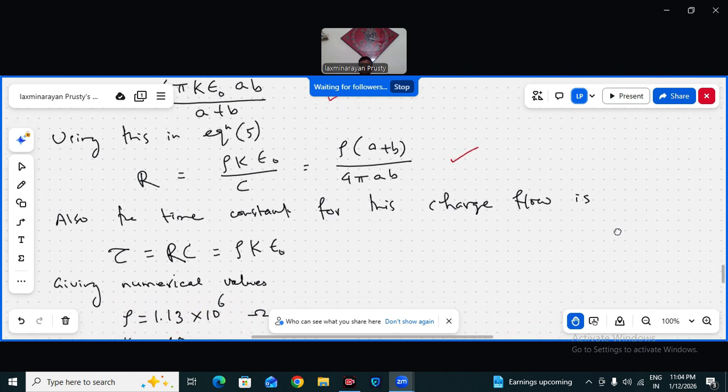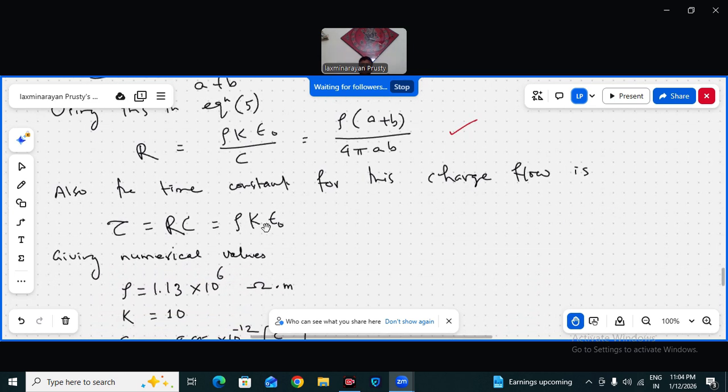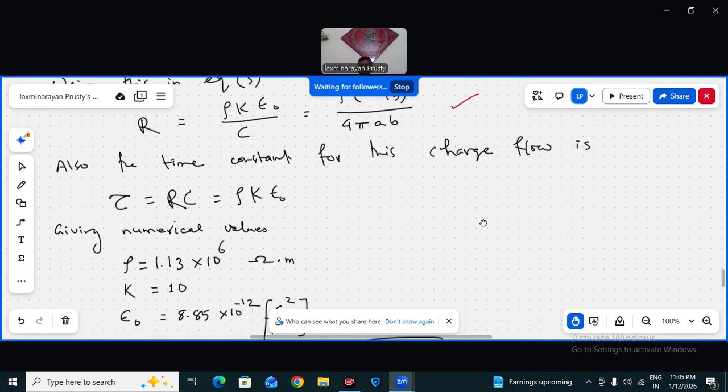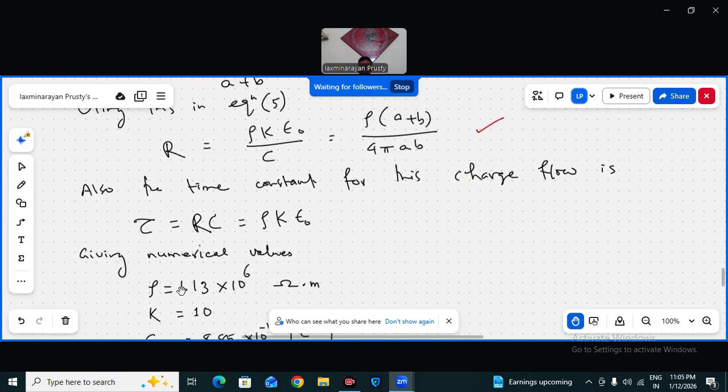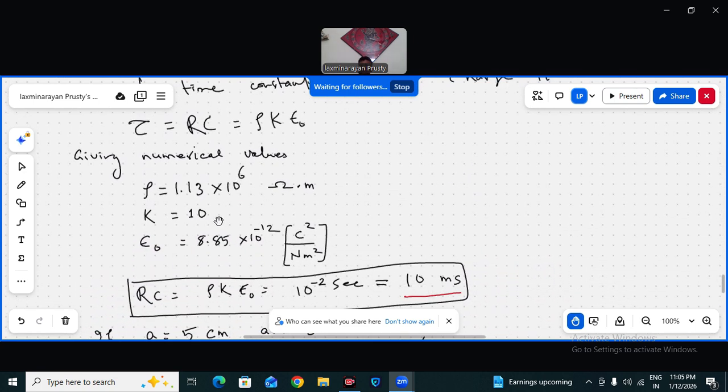That's it. And the time constant, rho K epsilon 0, we have already found out. Let's look at some numerical values. Let's say rho is very poorly conducting, very high resistivity, 1.13 into 10 to the power 6 ohm meter. Why did I take 1.13? To make calculation easy. K is 10.